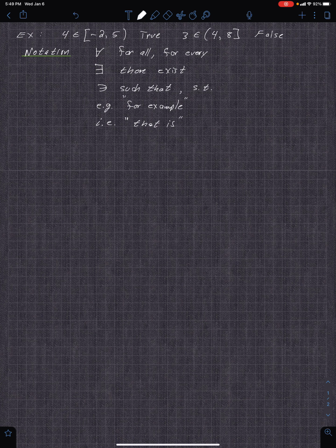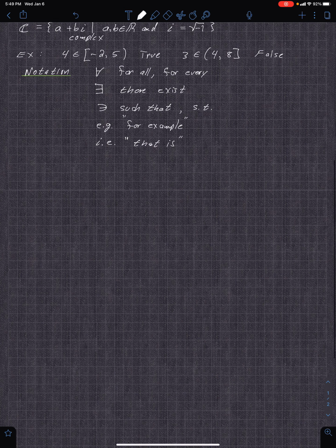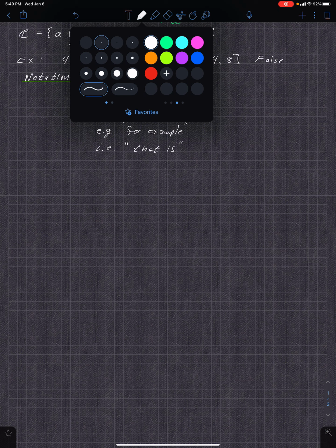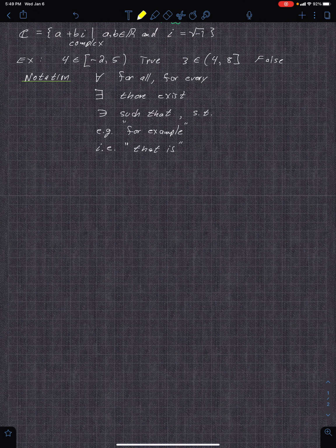So let's see, what did I forget? All right, so this is all the same meaning. If I say negative infinity less than t less than infinity, t is an element of the reals.